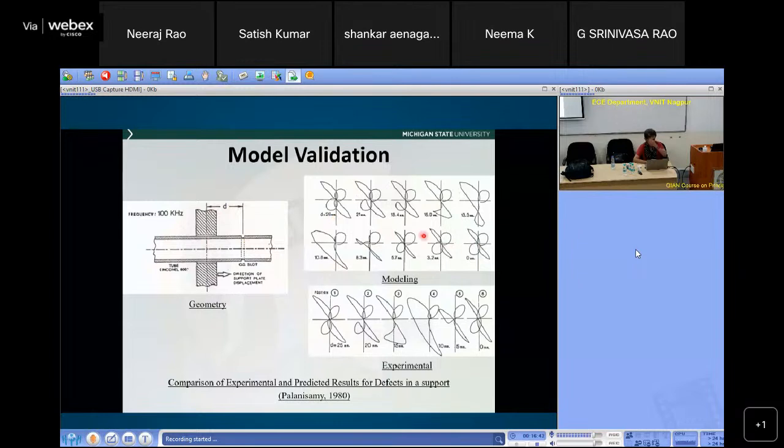So when you're far away from the support structure, you get only the defect signal. But as it gets closer and closer, as D reduces, you see changes. This is a case when D is 0, the defect is right in the center. And as it goes away from here, you can see things changing quite a bit.